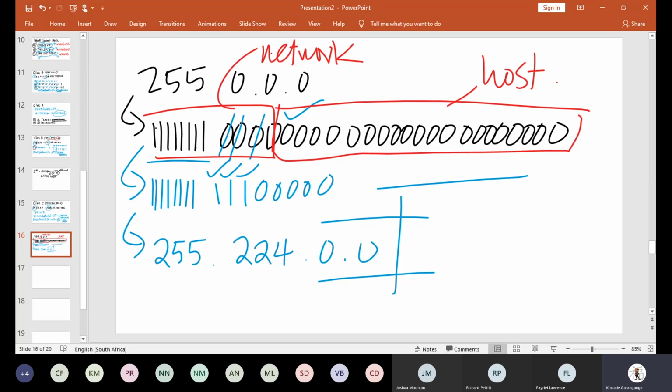So this is when you customize. This is also known as variable length subnet mask, and you can also discuss the whole concept of what they call CIDR, which is classless interdomain routing.